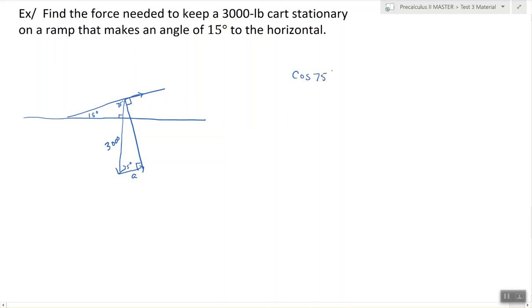The cosine of 75 degrees is equal to the adjacent over the hypotenuse. So A is 3,000 times the cosine of 75 degrees, and just make sure that you're in degree mode. A will be approximately 776 pounds of force.